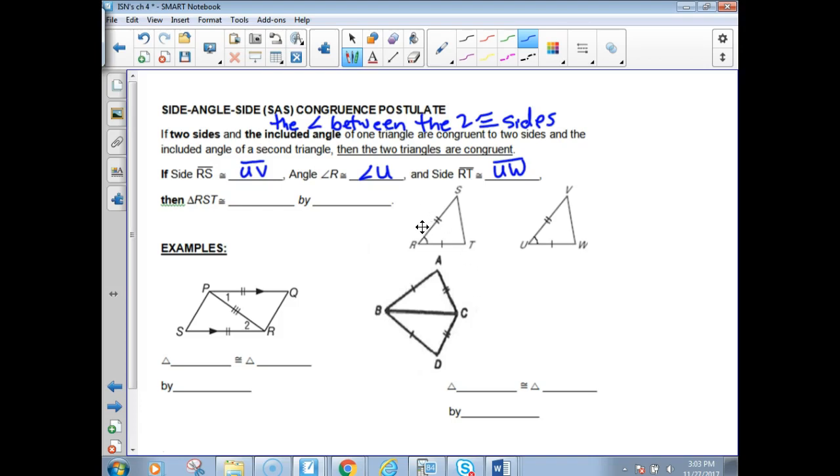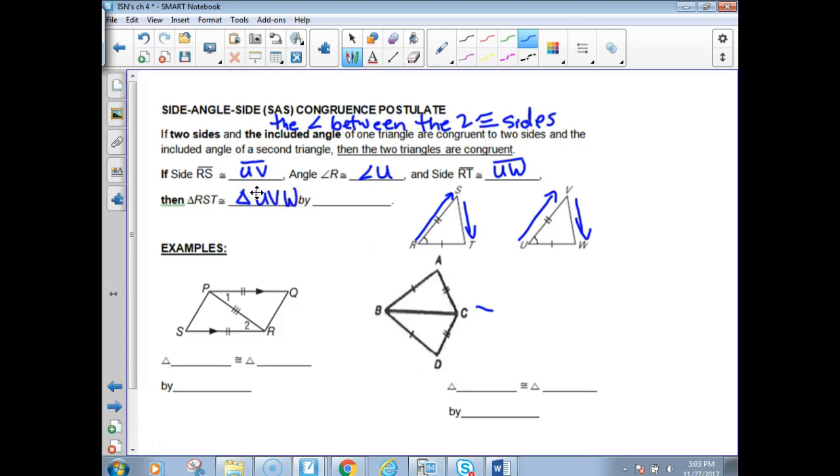Okay, so then if we want to fill in the congruence statement, it says triangle RST. So how would it go on the other triangle if it's already been started, RST? I'm not saying that's the only correct way to do it, but since we're already led to start with R, go to S, and then to T, on the other triangle, it would be U to V and then to W. So that's going the same direction by the marks.